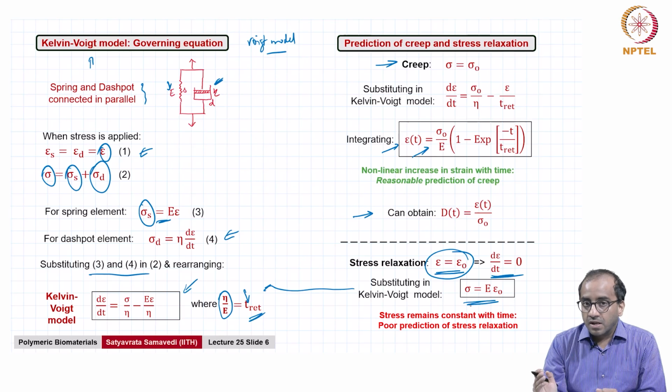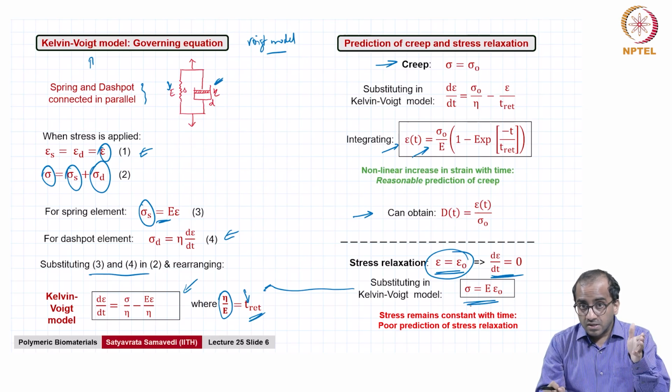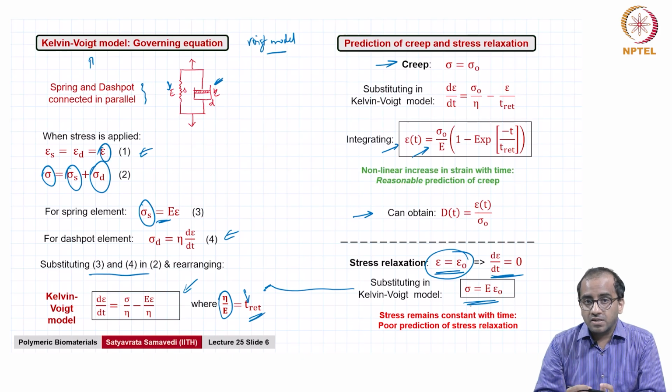Stress is simply the elastic modulus times the constant strain value, and we know that is not physically correct, because when subjected to the stress relaxation experiment, when held at constant deformation over time, the stress is going to decrease with time. The material is going to relax. So the Kelvin-Voigt model does a very poor job in predicting stress relaxation as a function of time. Essentially, it states that stress remains constant with time, which is incorrect.